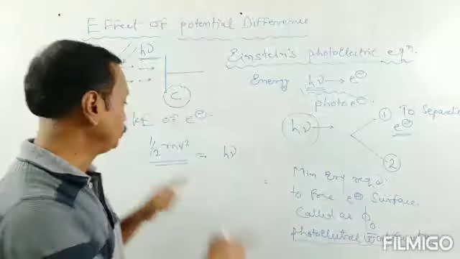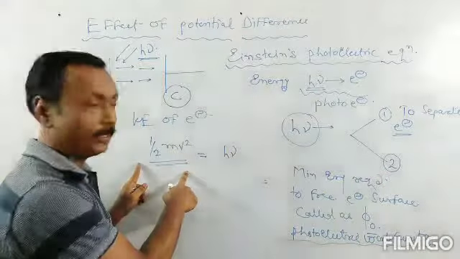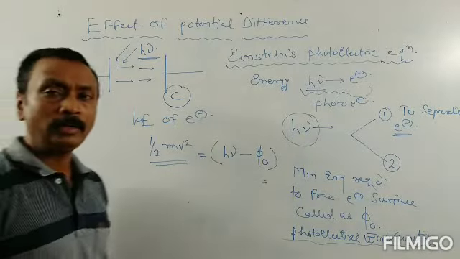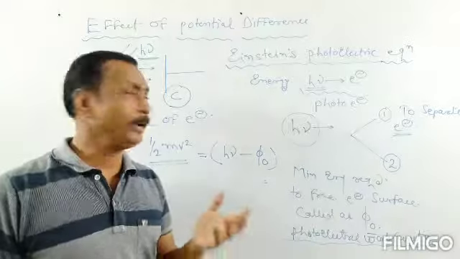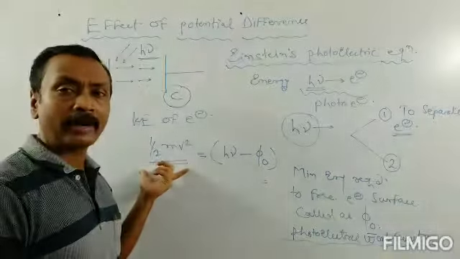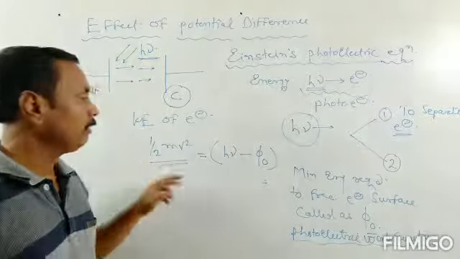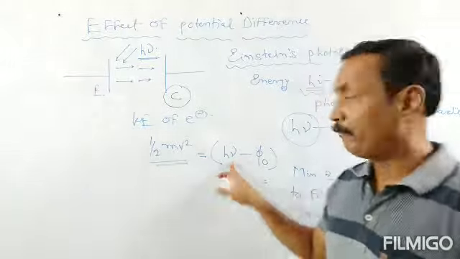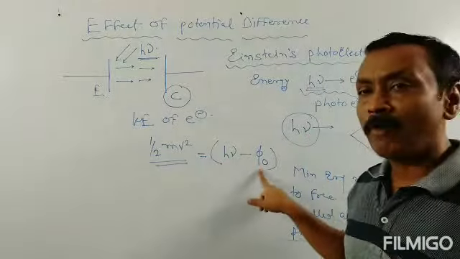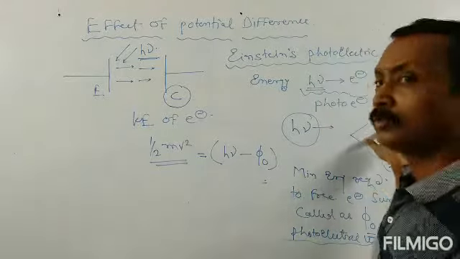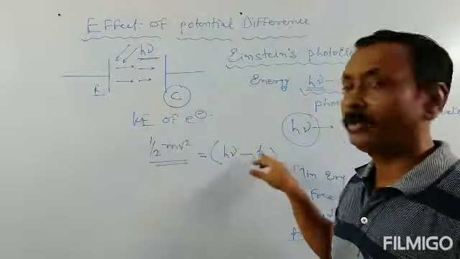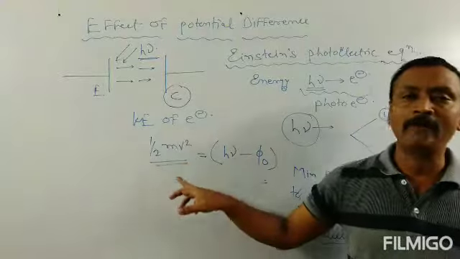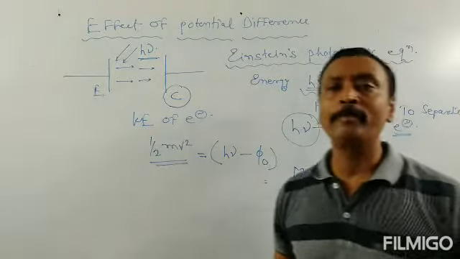The remaining energy appears as the kinetic energy of the electron. So 1/2 mv square is equal to h nu minus phi0. H nu is the total energy, and phi0 is the energy used to separate the electron from the surface.